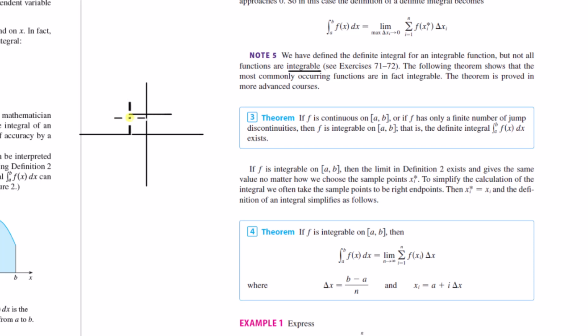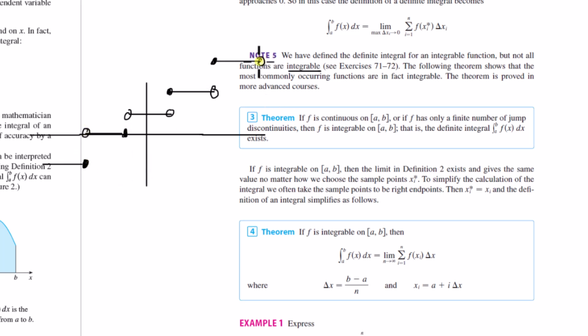We've seen functions that look like this. That's not differentiable, at least at the discontinuities, but it's integrable.